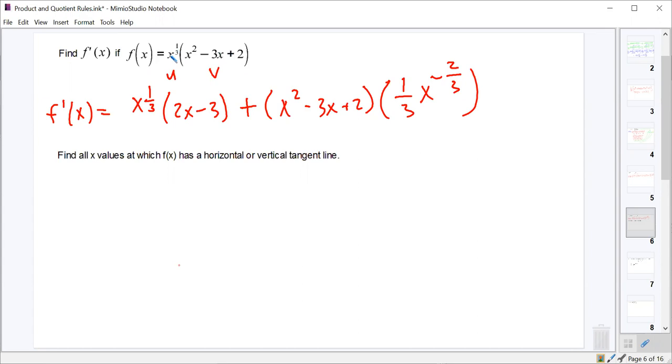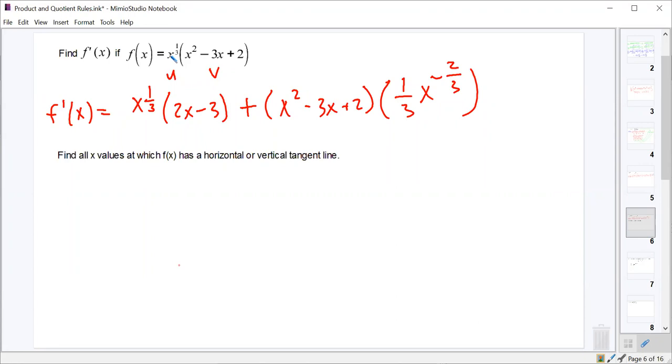Okay. Now, that answer is perfectly good enough if we're just looking for f prime of x. But if we have to do some other work with it, like finding all values at which it has a horizontal or a vertical tangent line, that becomes a little bit more complicated. So we're going to have to be able to simplify this down in order to do that.